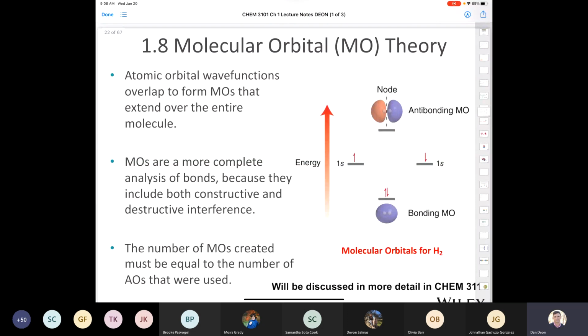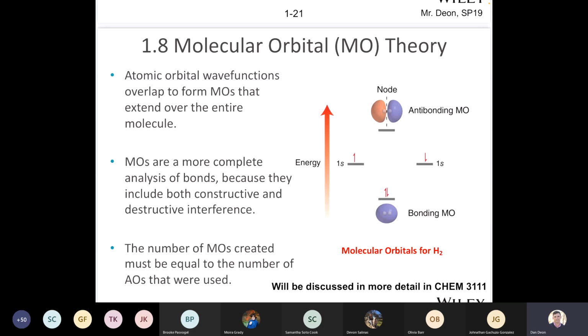Molecular orbital theory, you can even see in my slides down in the bottom right-hand corner, will be discussed in more detail in Chemistry 3111. That's definitely true. If you took general chemistry with me, we talked about molecular orbitals of diatomic molecules like H2, He2, B2, C2. You should know a little bit about molecular orbital theory.